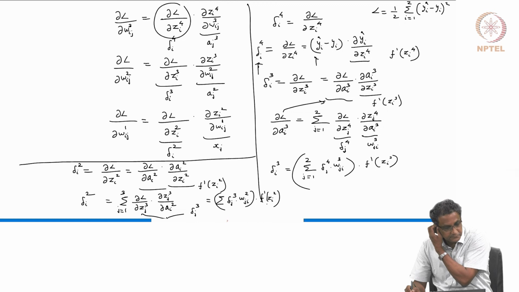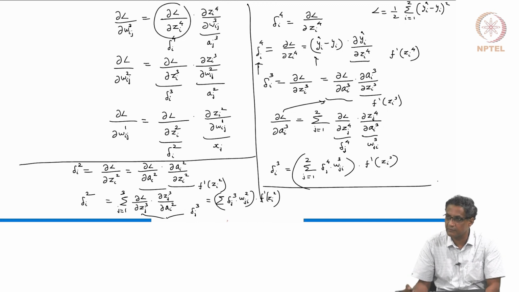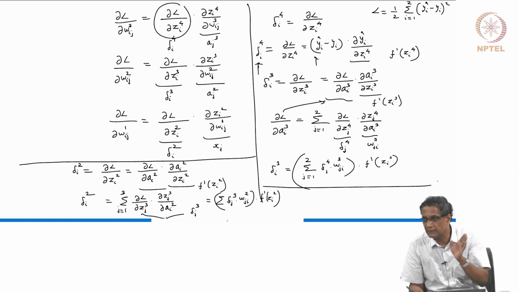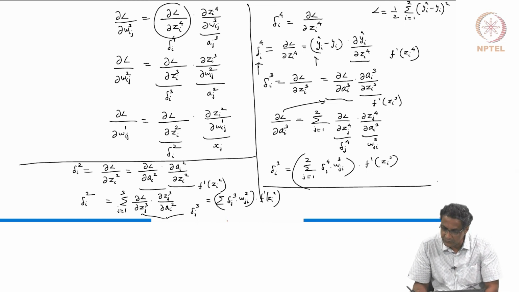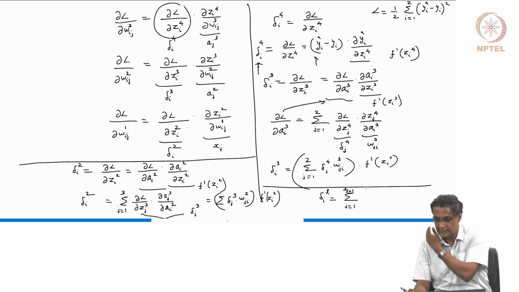Which means we can write a recursive relation along the path, which looks like this. So, we can say delta I L is equal to the summation, j equal to 1 to SL plus 1.